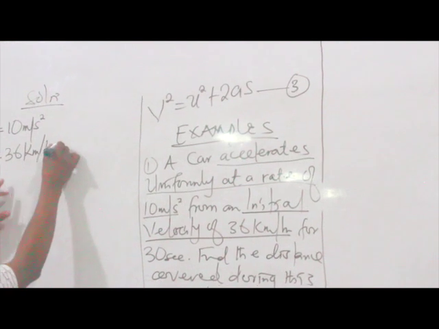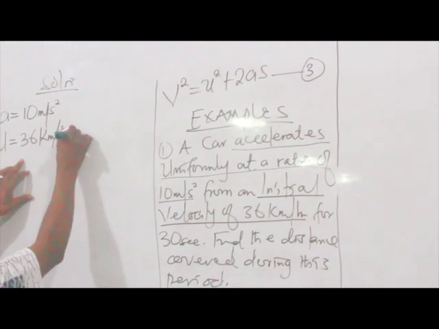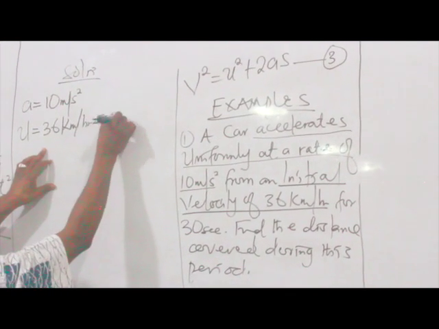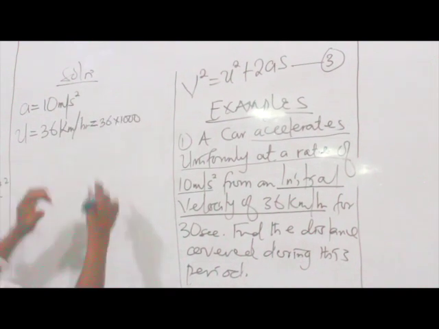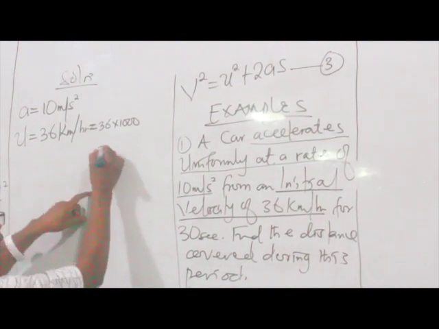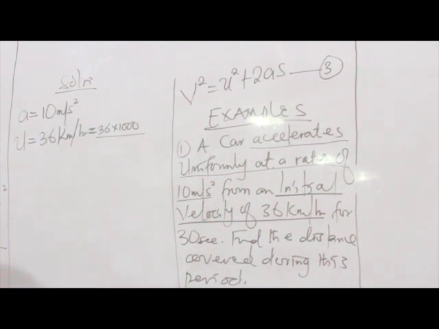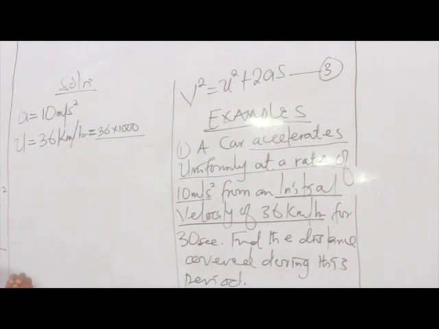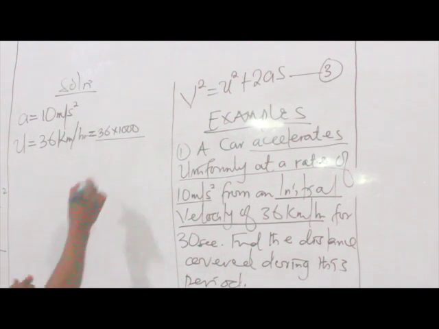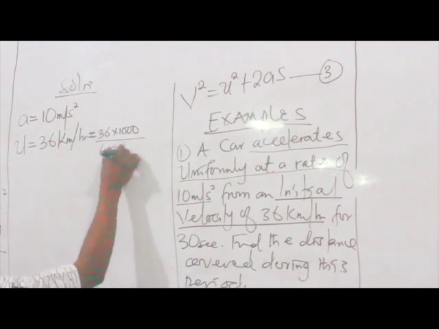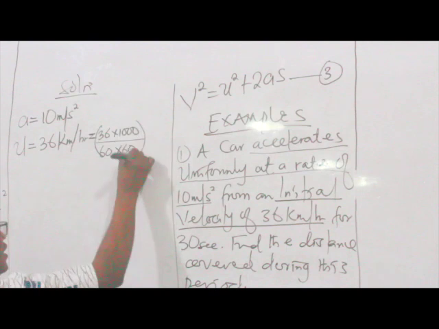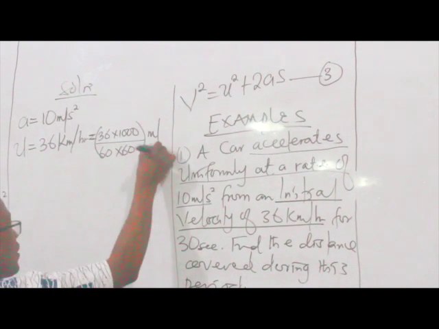So this would be the same thing as 36 times 1,000, kilo means 1,000, divided by, we all know that 60 minutes make 1 hour and 60 seconds make 1 minute, so we multiply by 60 by 60. So this is now in meters per second.